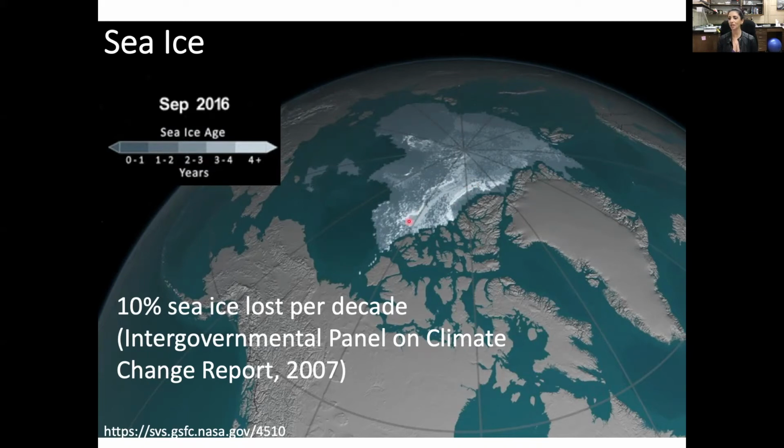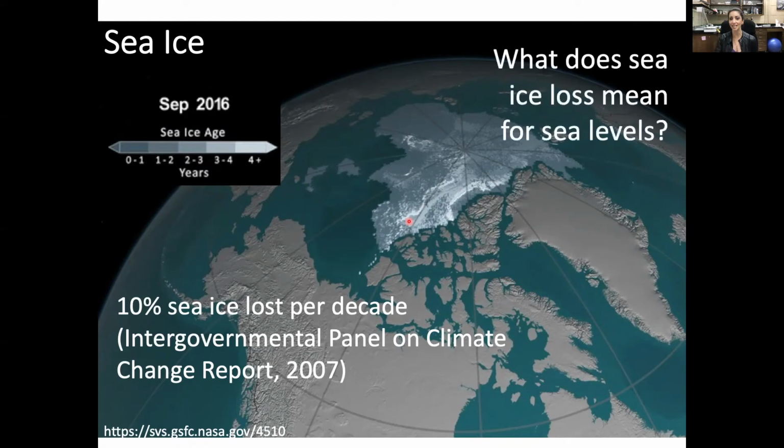And the Intergovernmental Panel on Climate Change has estimated that we're losing about 10% of our sea ice per decade. That's extremely scary when you think about the consequences of what that loss of sea ice means. So in losing that sea ice, this of course needs to go somewhere, right?